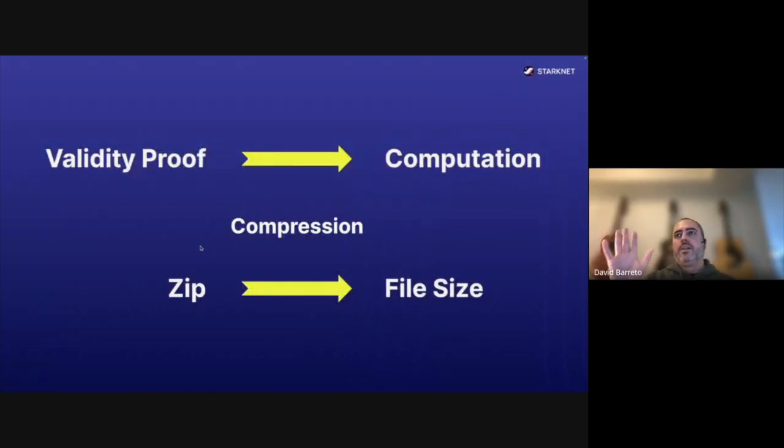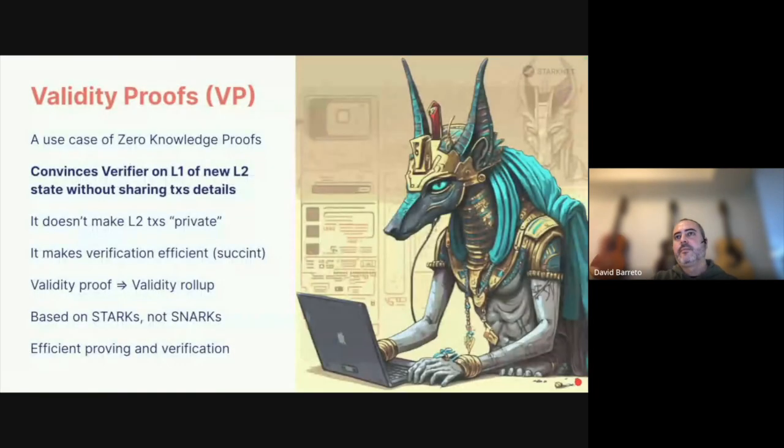Okay. So I like to think about validity proof as a way of compression, right? The same way that you compress a file with zip, you compress a computation with a validity proof. And that's how we manage to actually scale on top of Ethereum without sacrificing security, which is the important part. So a validity proof is a use case of zero knowledge proofs.